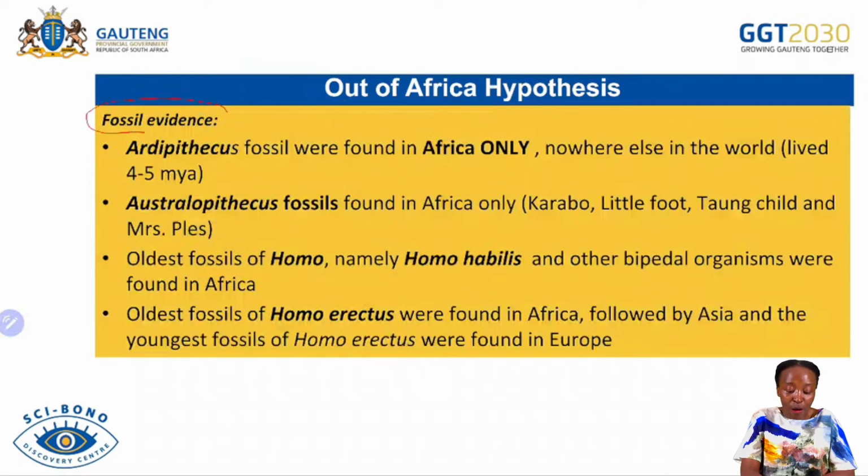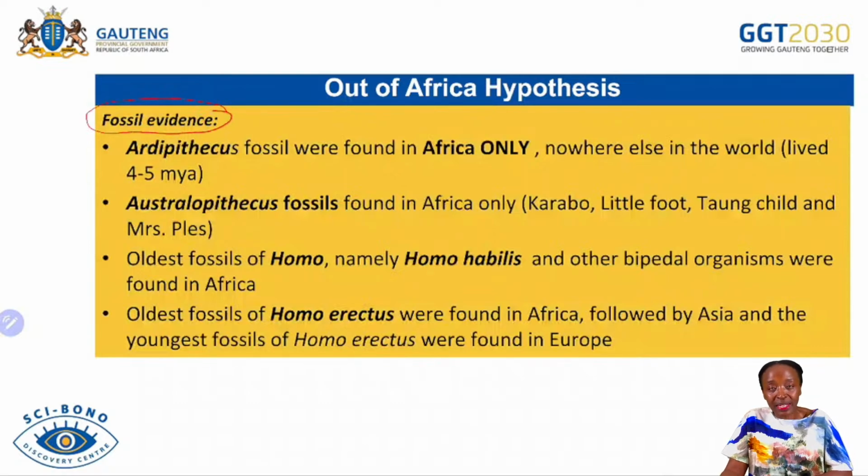First being the fossil evidence. So what do we say under fossil evidence in relation to the out of Africa hypothesis? We say that the fossils of the Ardipithecus and also the fossils of the Australopithecus were found where? Only in Africa.